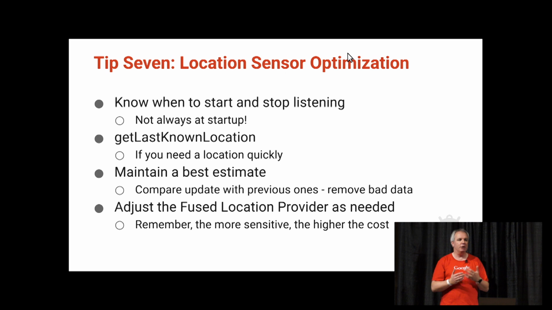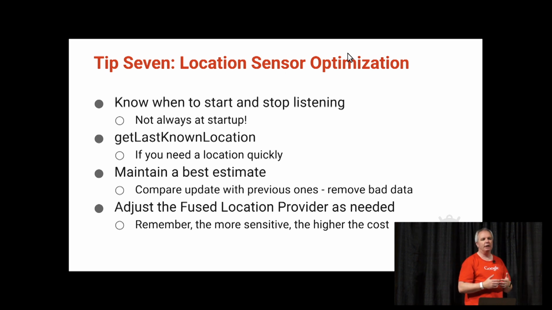And then secondly, adjust the Fused Location Provider as needed. I mentioned before there are different tiers of the Fused Location Provider, and you can change them on the fly. If you're building an application that needs to plot your GPS location every few seconds, like for a bike ride, it's pretty obvious you need to keep it on the highest level. But maybe you're not building an application that does that.